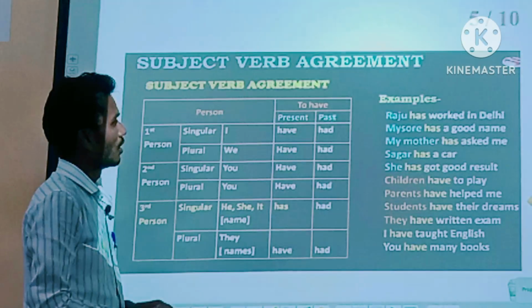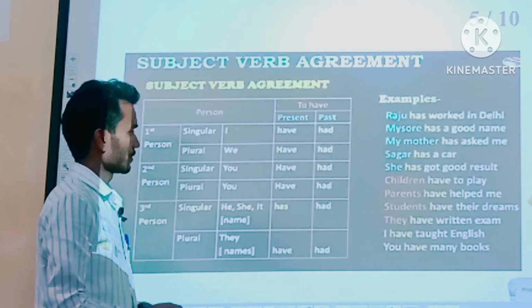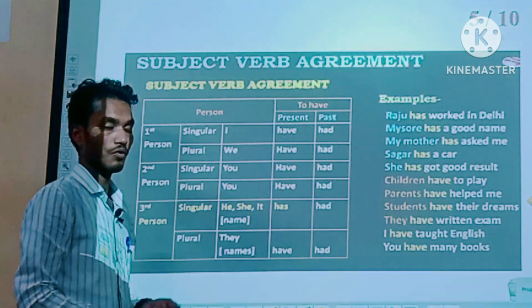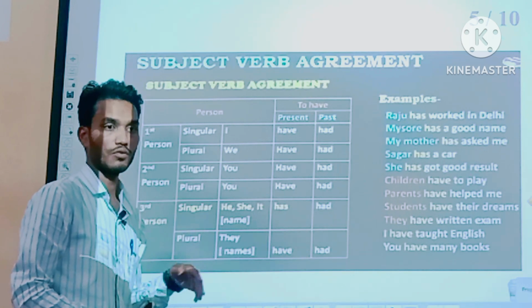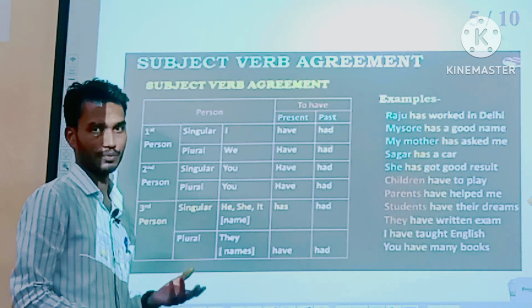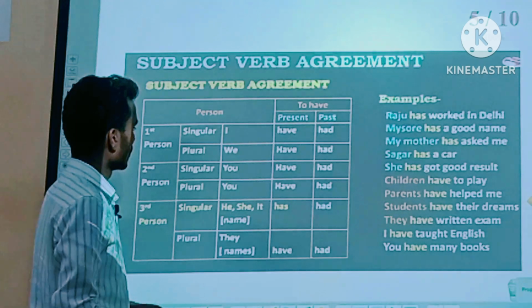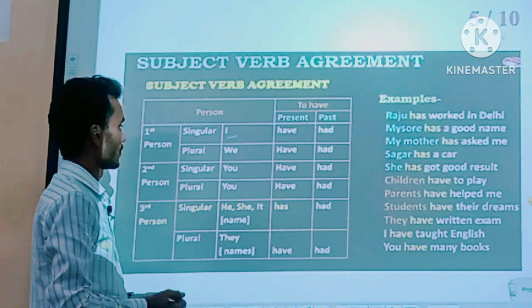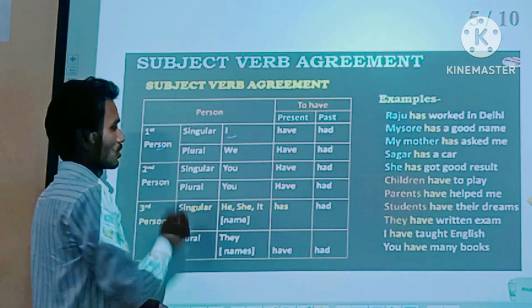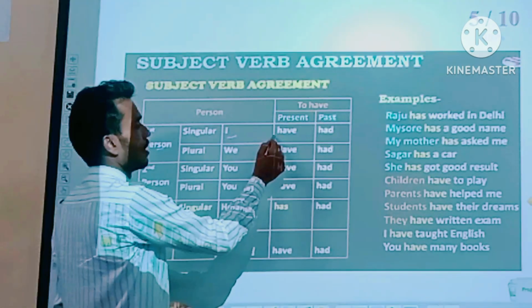Then we have the have form, right? If the subject is singular, which have form should be used? If the subject is plural, which have form should be used? Here, if the subject is I, first person singular, the verb should be have.